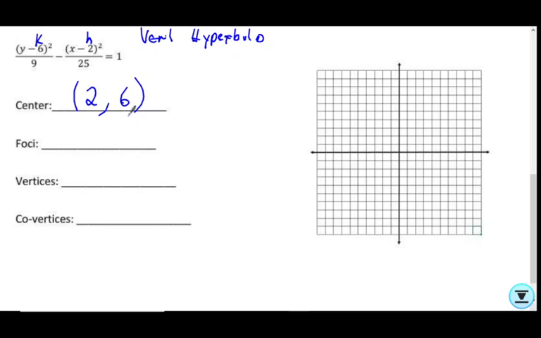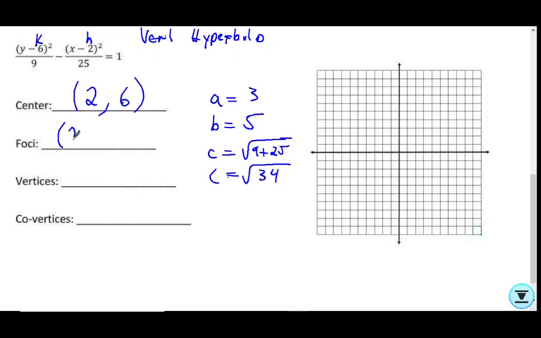Our foci, since a is 3 and b is 5, c is going to be the square root of 9 plus 25, which is the square root of 34. So our foci are going to be at 2, 6 plus or minus the square root of 34.